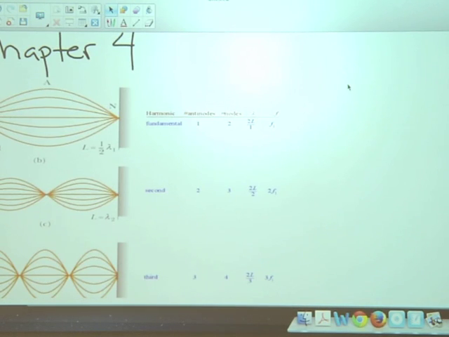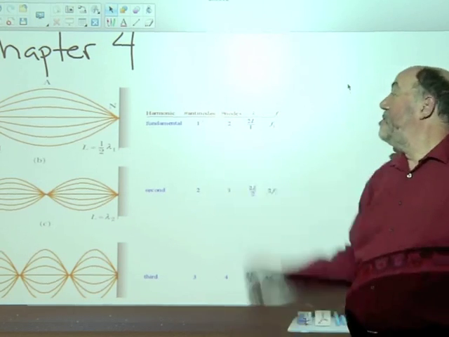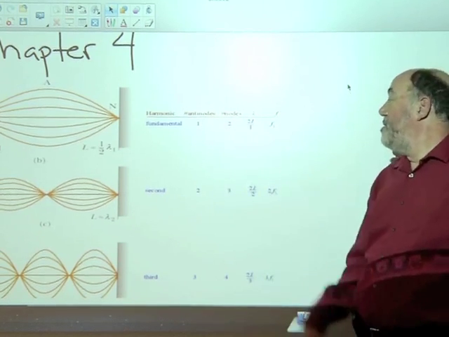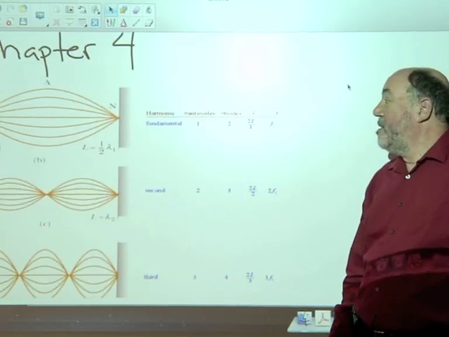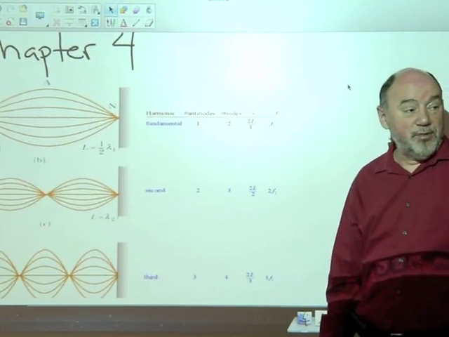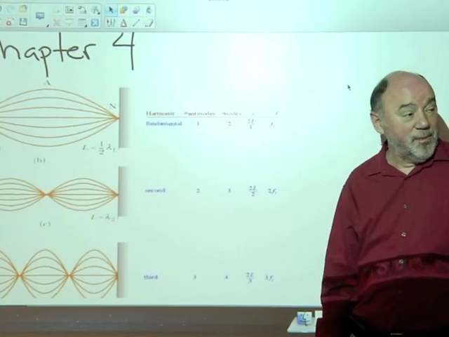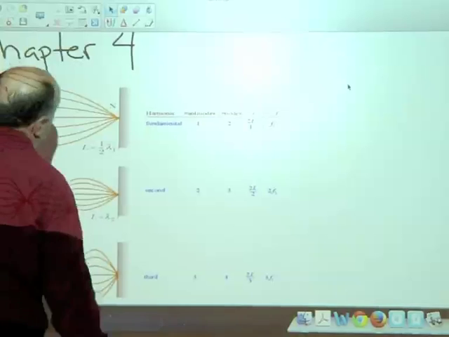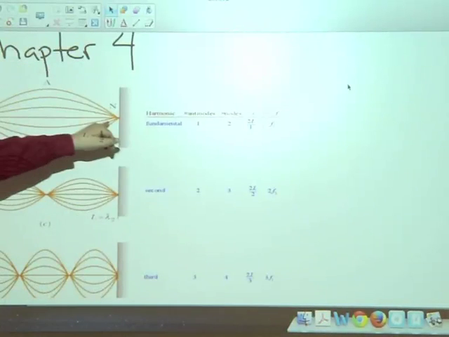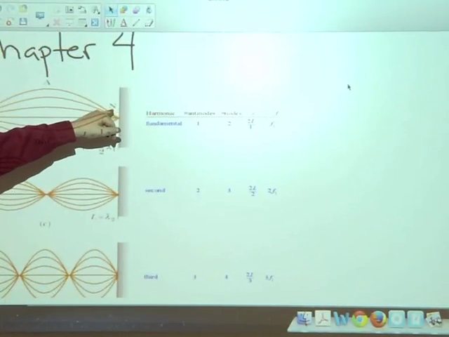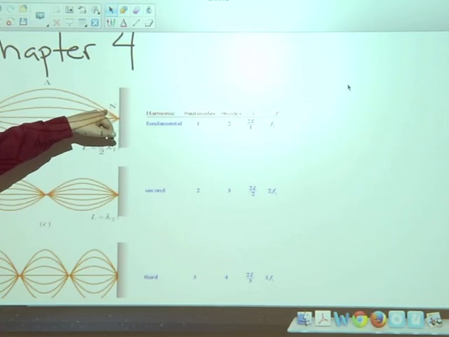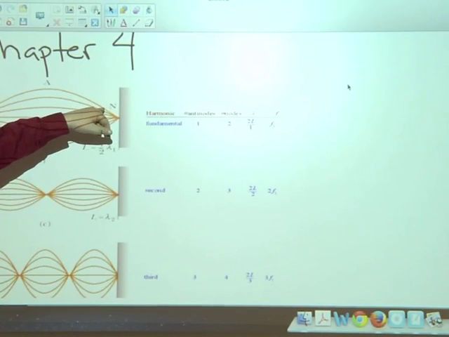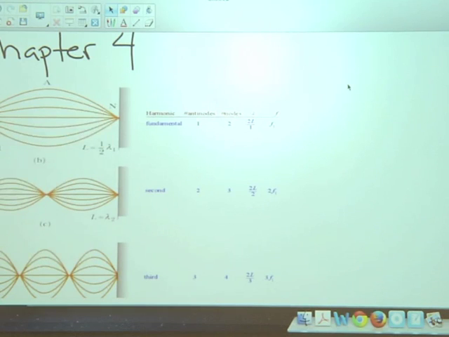In the first harmonic, the fundamental, basically 2 nodes, the wavelength is given by 2L. So if this string from here to here was half a meter, then the wavelength of the fundamental would be 1 meter, twice the length.